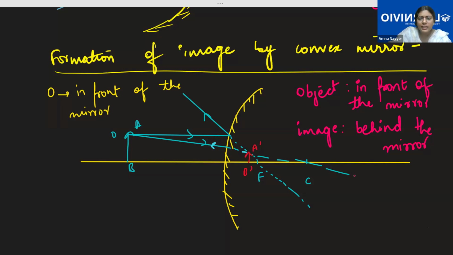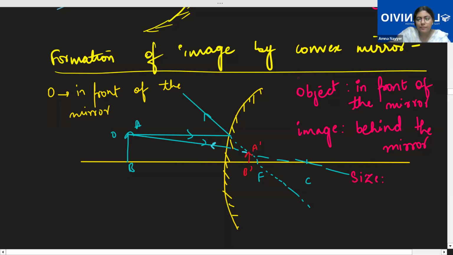Now, what can you say about the size, class? Compare the object and image. Whatever kind of image has been formed, tell me. This is your object here, AB.